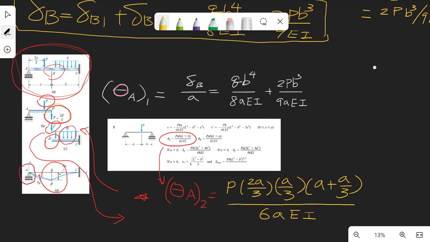And finally, we can get 4P A squared over 81 EI.